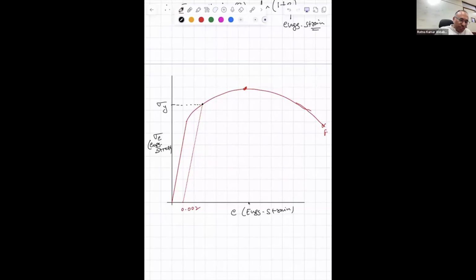And this point is my sigma ut, ultimate tensile strength, and this is sigma f, fracture strength.